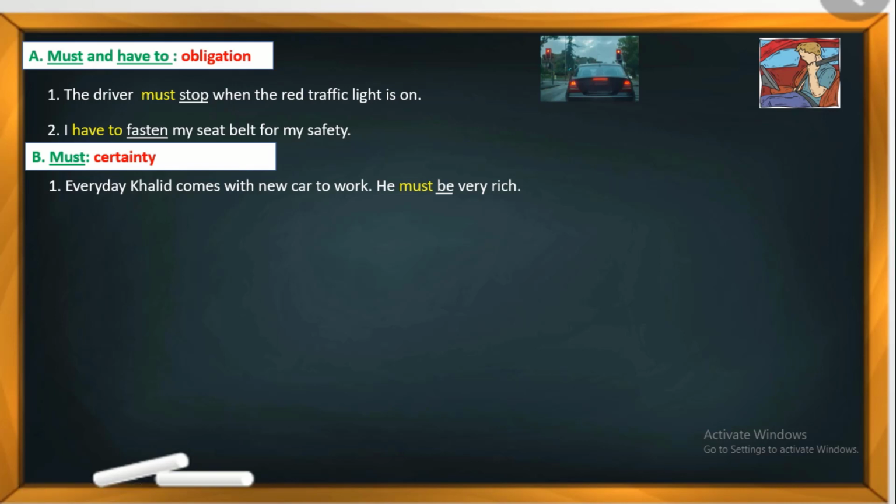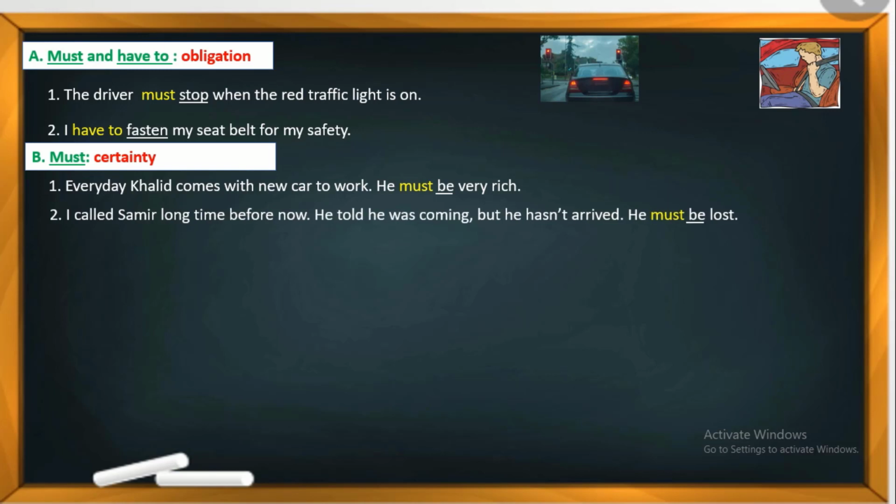It means that I am sure Khalid is very rich. For example, I work in a company and Khalid works with me there, but I don't know him very much. So I see that every day he brings a new car. So automatically I say Khalid must be very rich because he has got a lot of cars.